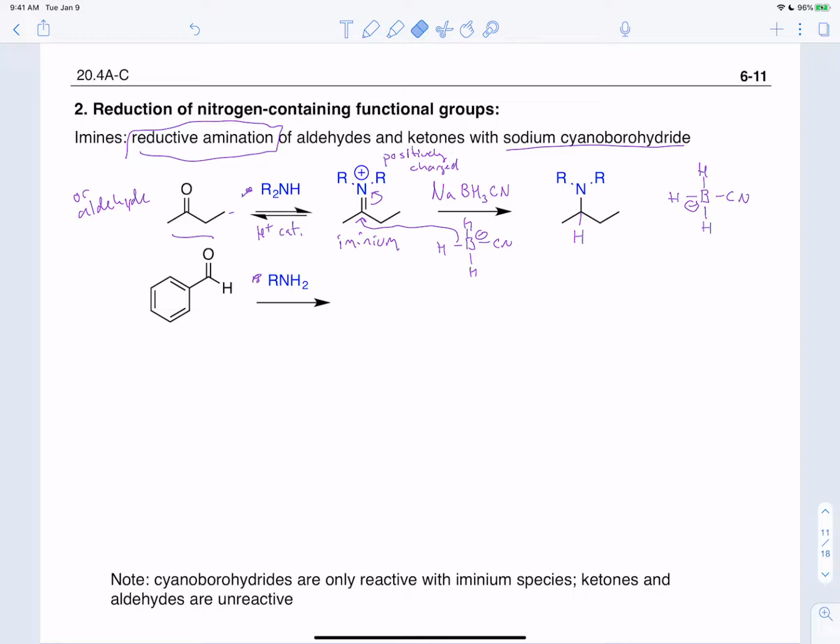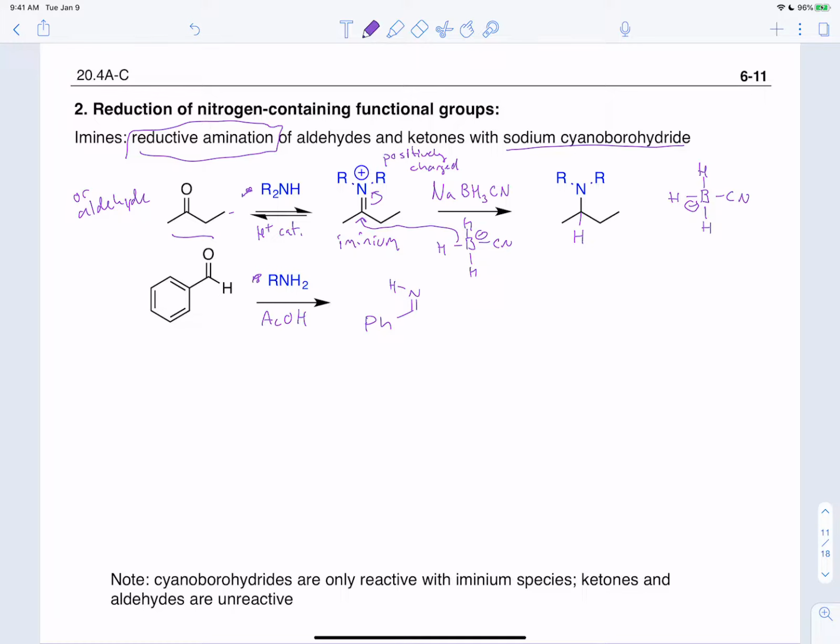If looking at another example, if we were to combine a primary amine and an aldehyde, this can give us in equilibrium a new intermediate species. Usually there'll be an acid source, so a lot of times there's a little bit of acetic acid around.